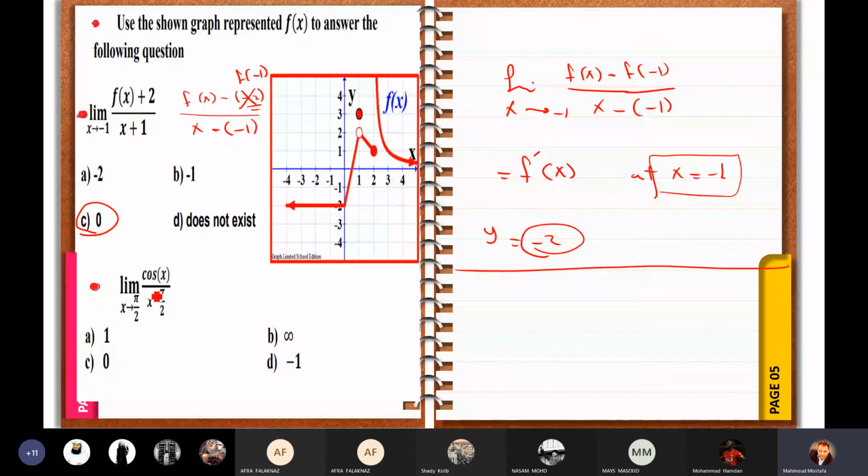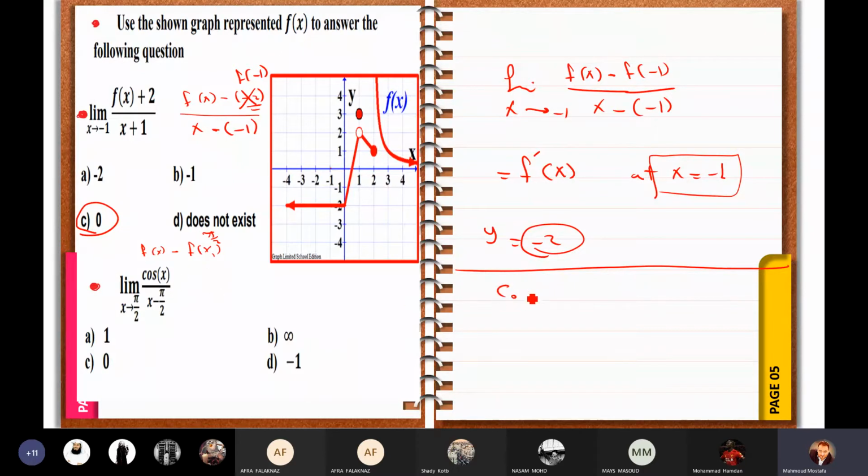Next one, we will do the same, by the way. Cosine x, this is f of x. Then x minus x1. So we also need f of x1, which means f of pi over 2. The same number, right? The function here is cosine.